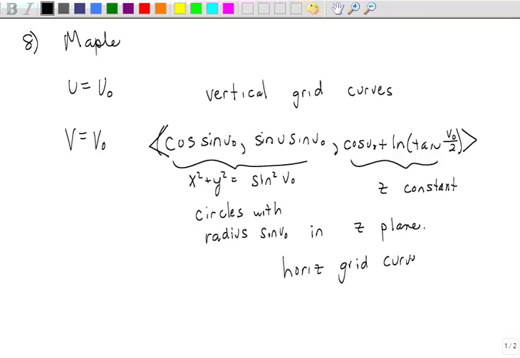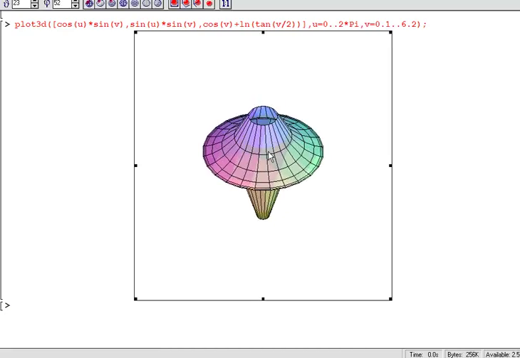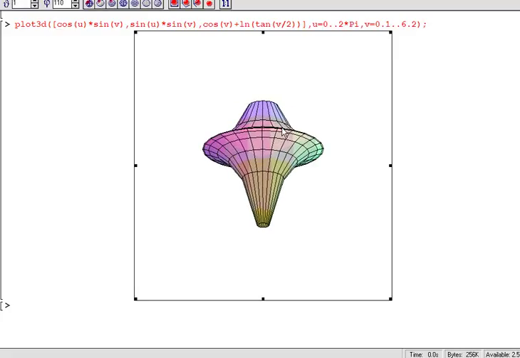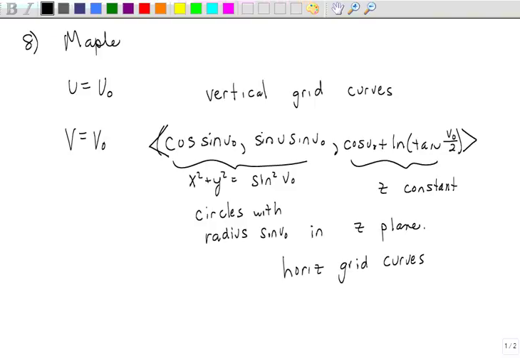You can see their circles. Let's go back again to Maple. See their circles right here. If we move this around, you can see the circles, and those are when v is constant. So that describes the grid curves. Okay, let's go back. Let's look at 18.